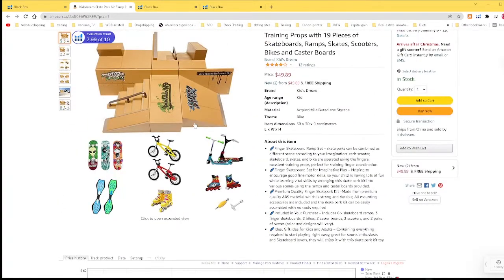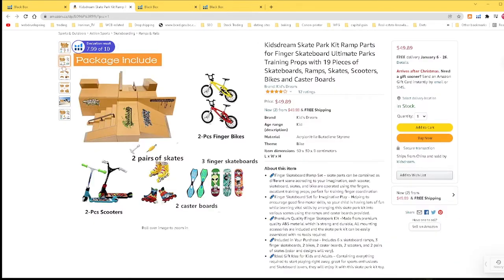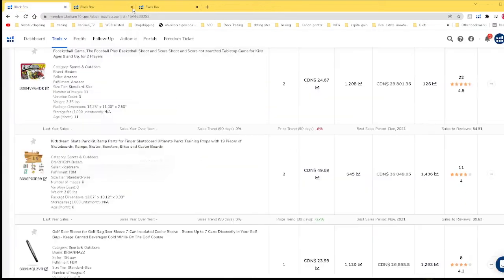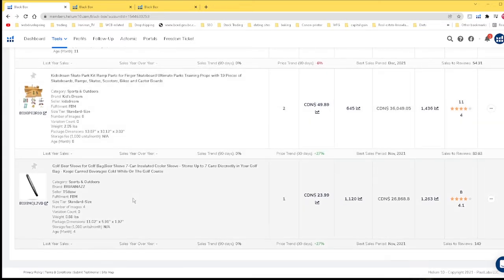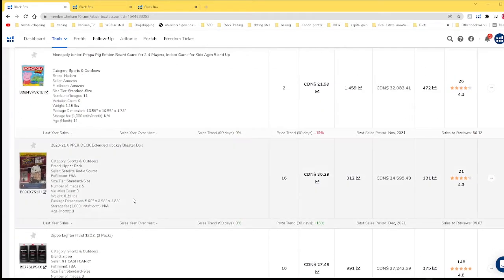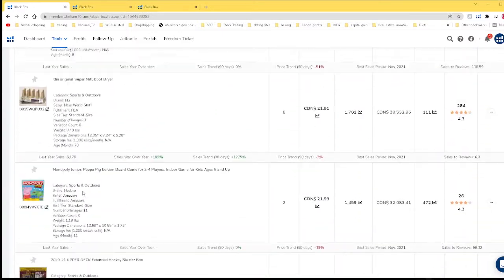Looks to me, is it a toy? Figure skate. Okay. So yeah, I don't want a lot of parts in the product that may get lost, or that people have problems putting together. So this way, as you see, I only have 12 products to look at.